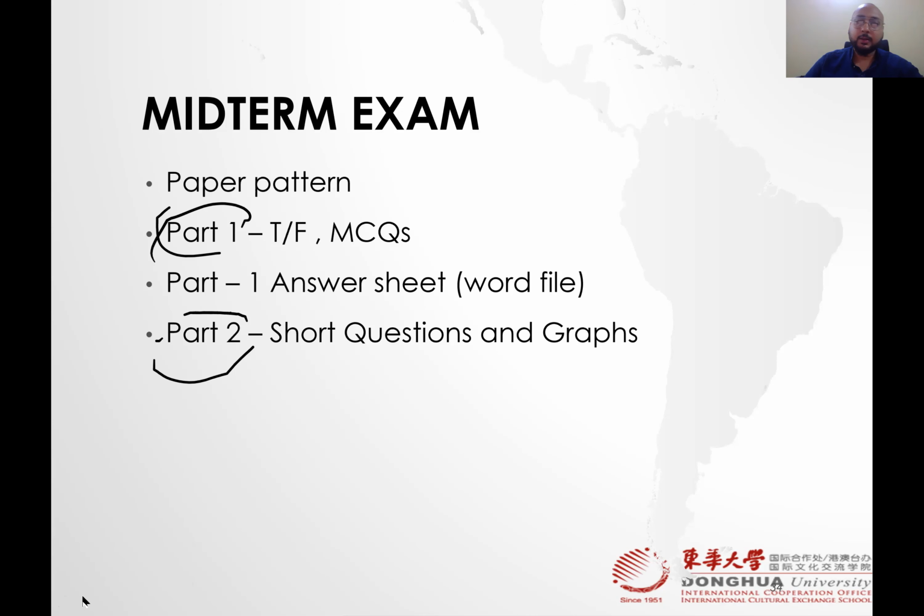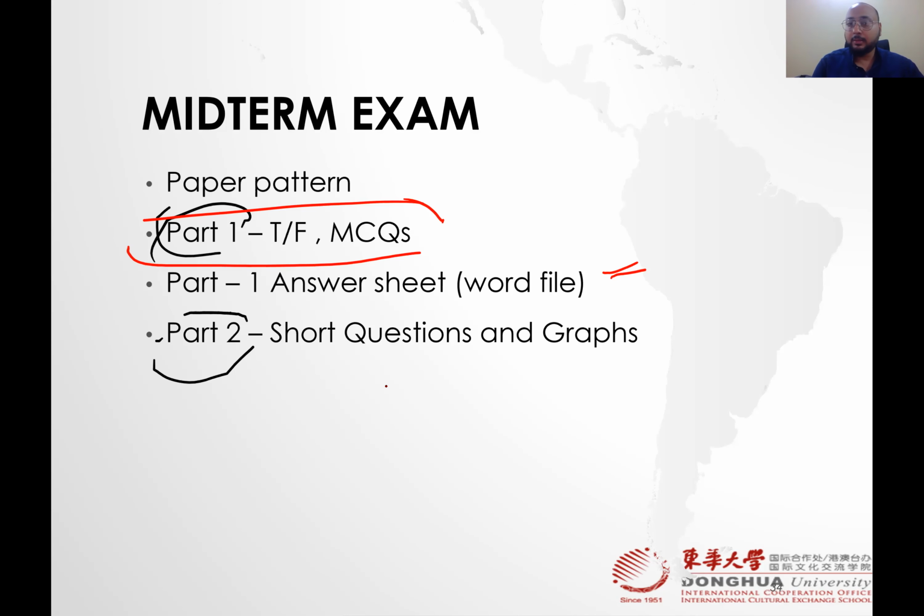In part 1, I would be uploading part 1 as a PDF file so that nobody can change it and at the end say that, sir, it was written like this, so I understood like this, you made a mistake. I would also be uploading the answer sheet file.